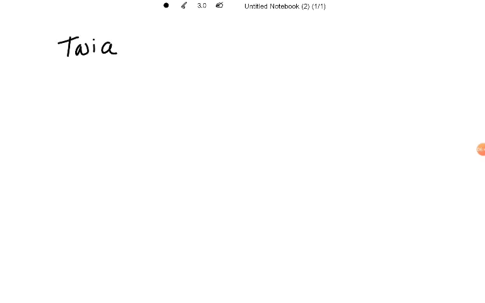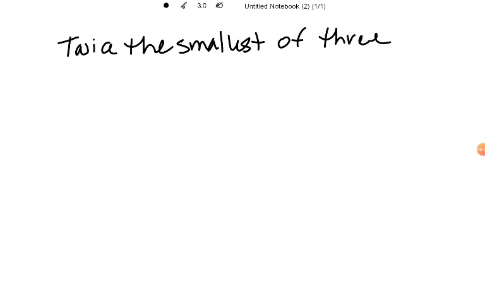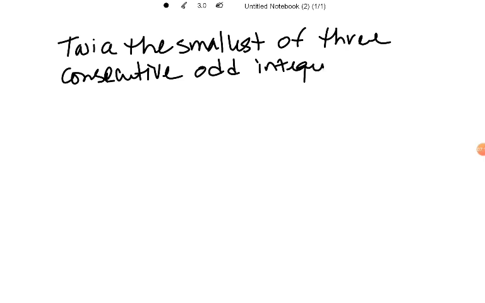So let's move on to number 3. Okay, it was twice the smallest of 3 consecutive odd integers is 7 more than the largest.